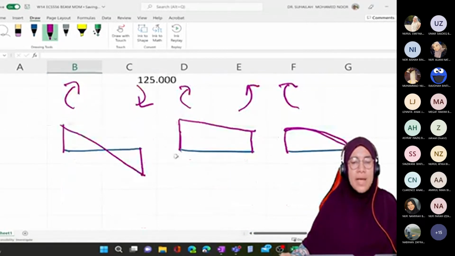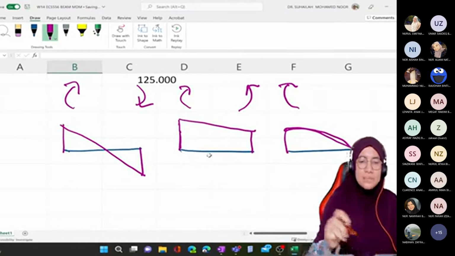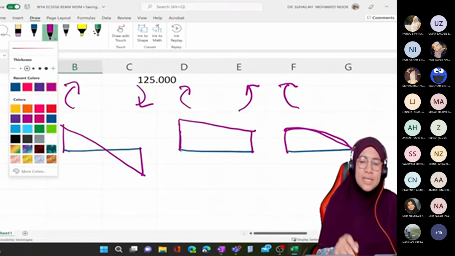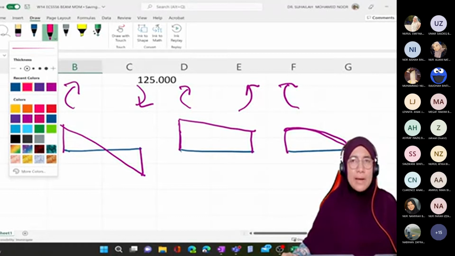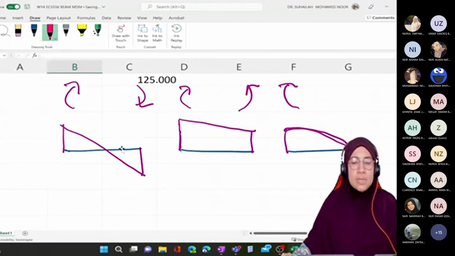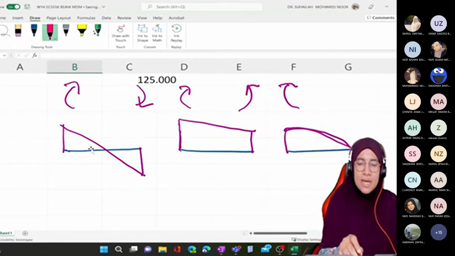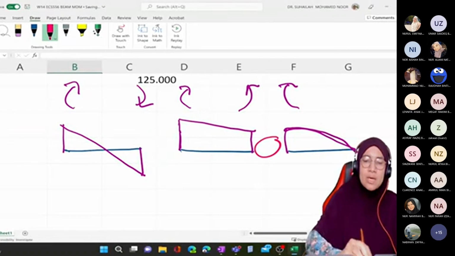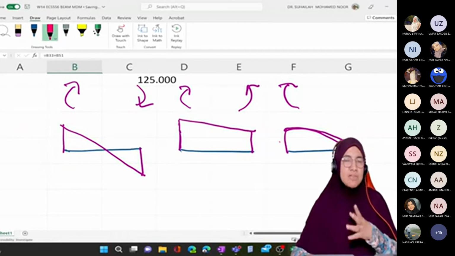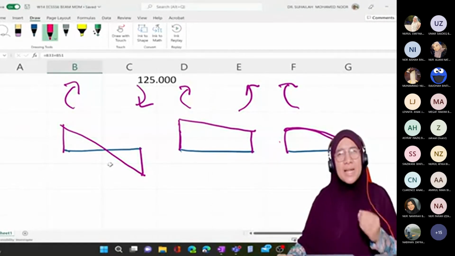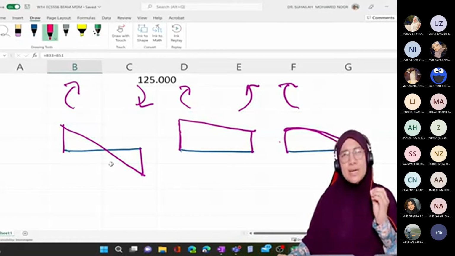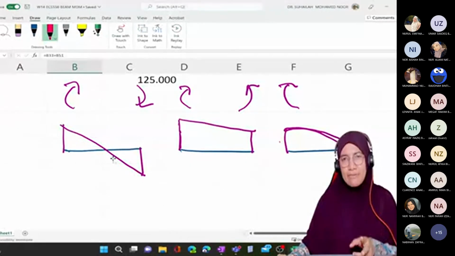Actually the detail is in between here if we draw the diagram. If you want to calculate in detail what is in between, the concept is again in the shear force diagram, in the slope deflection method, chapter number 11.